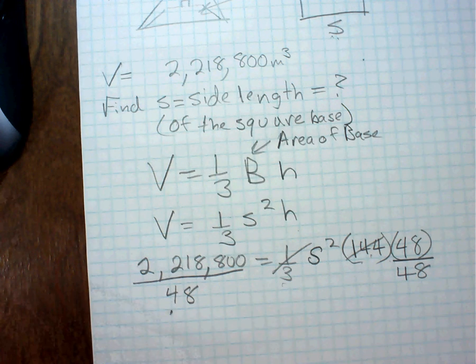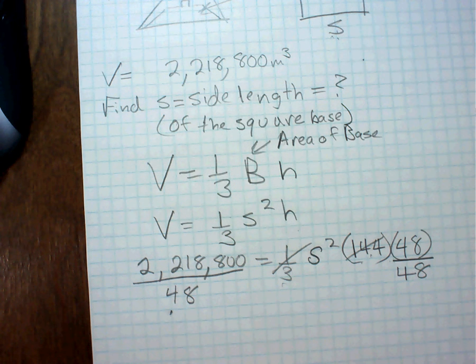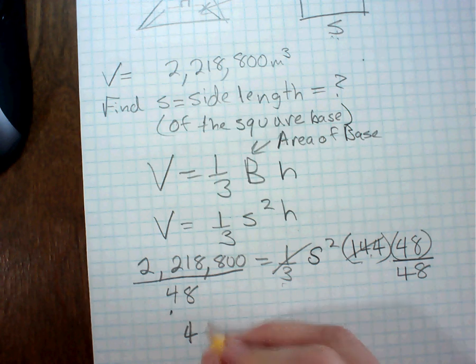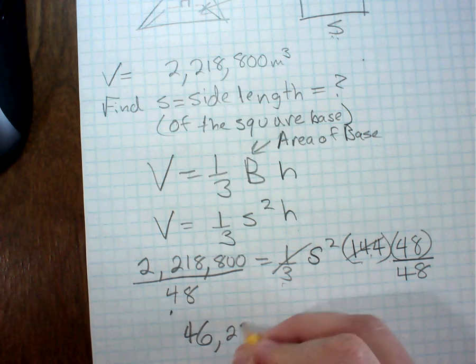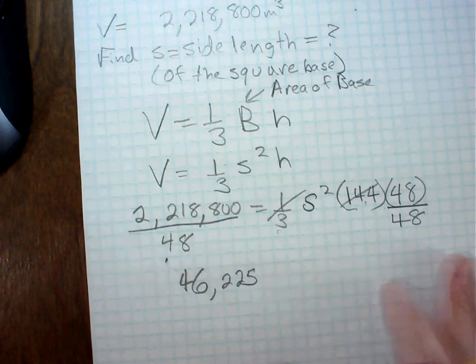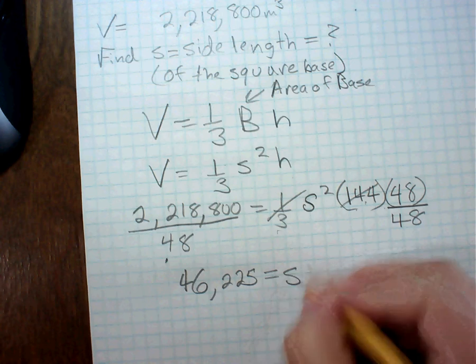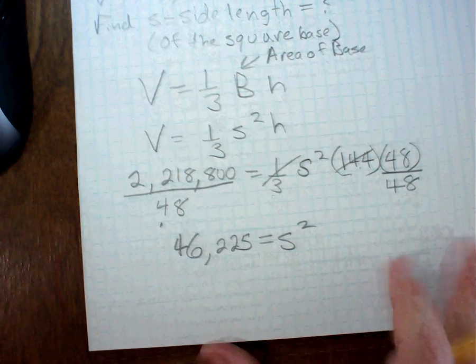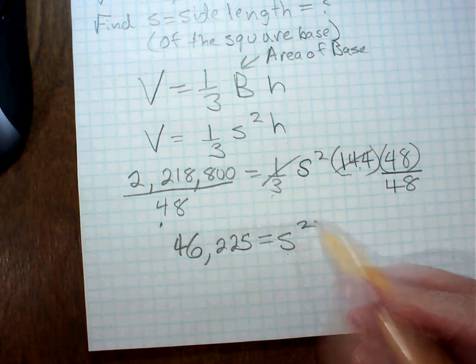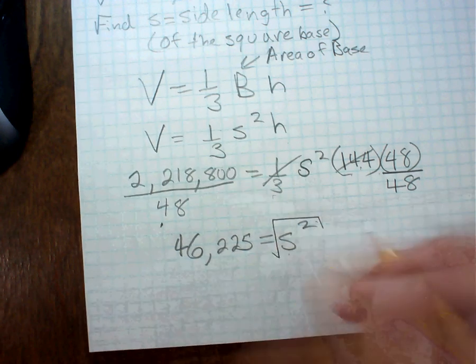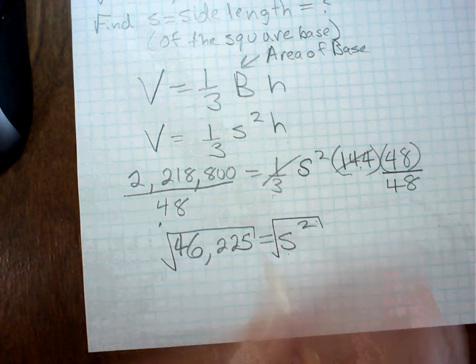So I'm going to say 2,218,800 divided by 48. And that gives me 46,225, and that's equal to S squared. So now I want to know what S is, not S squared. So I'm going to have to take the square root of this, which means I also have to take the square root of this.